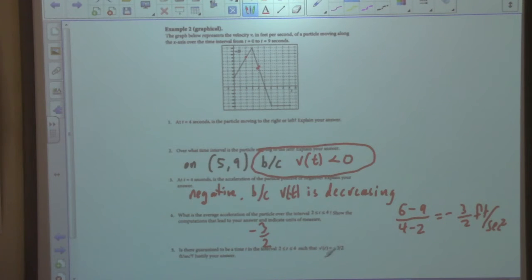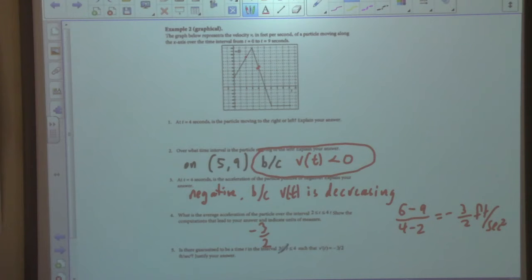And then we're asked question 5, is there guaranteed to be a time t in the interval from 2 to 4 such that v of t equals negative 3 over 2? Yes, because we just did it. Yeah, so we did it, but what is the proper calculus articulation of what you just said? Wouldn't that have to do with the mean value theorem?